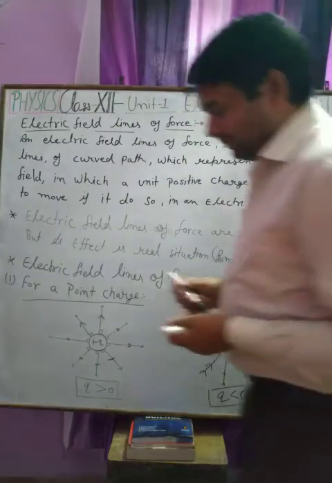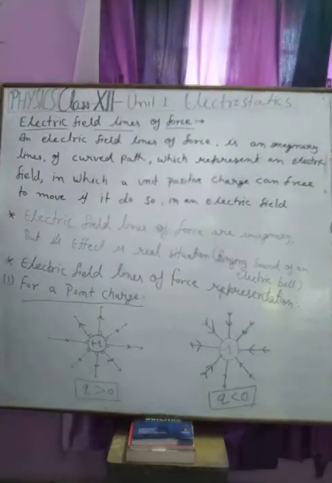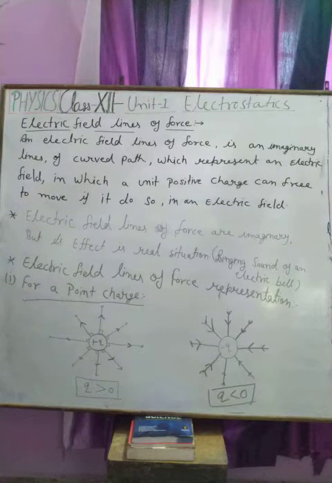So here, student, this is the representation of the field lines for a positive charge and for a negative charge, where the arrow gives the direction of the electric field, outward or inward.